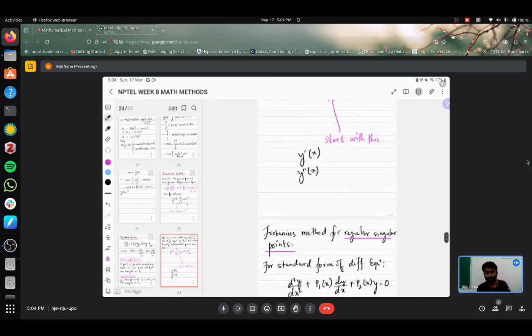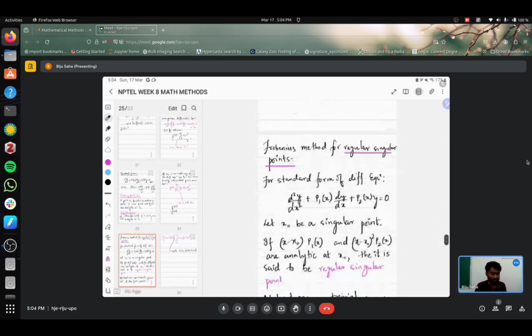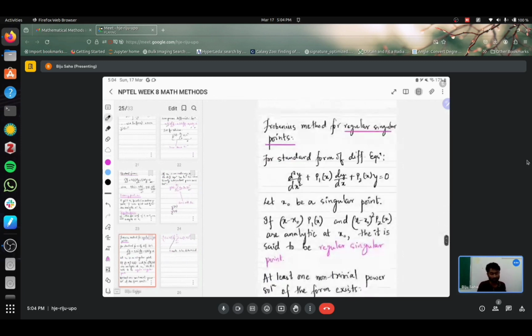Before we start doing that for an ordinary point, let us look into one specific category of singular point that can be approached by solving the differential equation through a method known as the Frobenius method. For the Frobenius method, we have this standard form of the differential equation, and we know that x0 is not an ordinary point but a singular point.